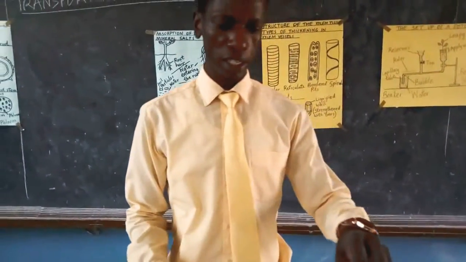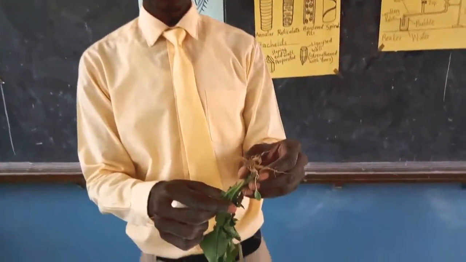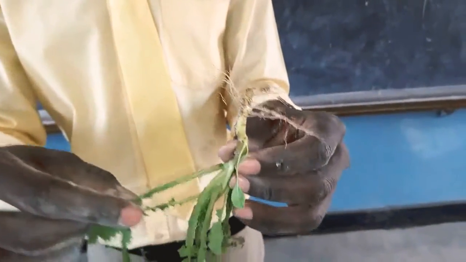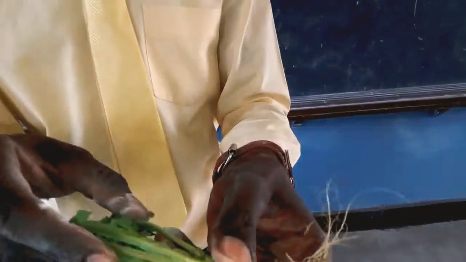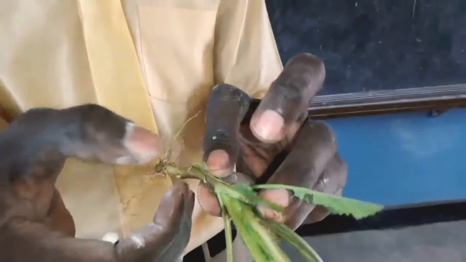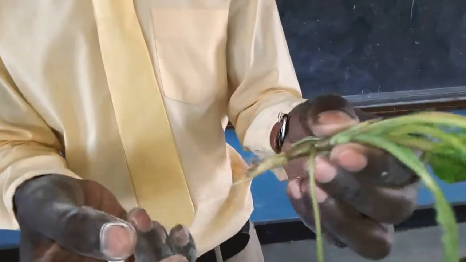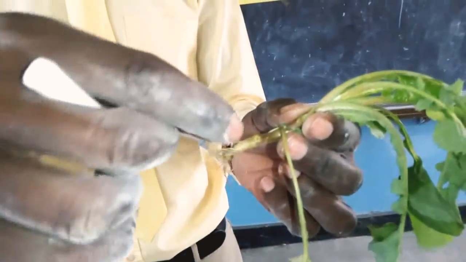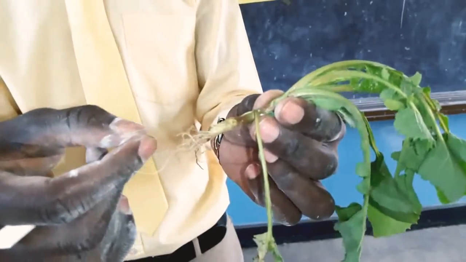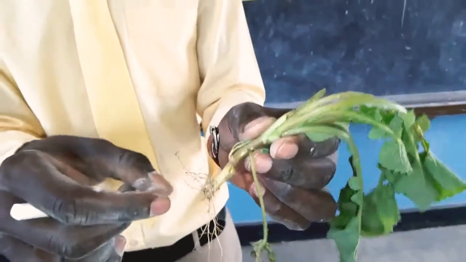When you look at this specimen here, this is a dicotyledonous plant. You can see it has various leaves there. It also has some roots, as you can see. And when you look at these roots, there are some tiny parts that appear to be like hairs. We refer to them as the root hairs.